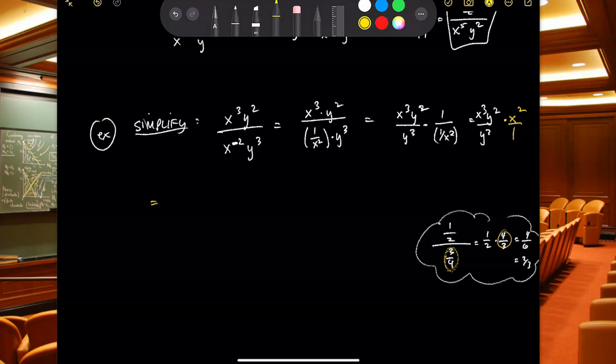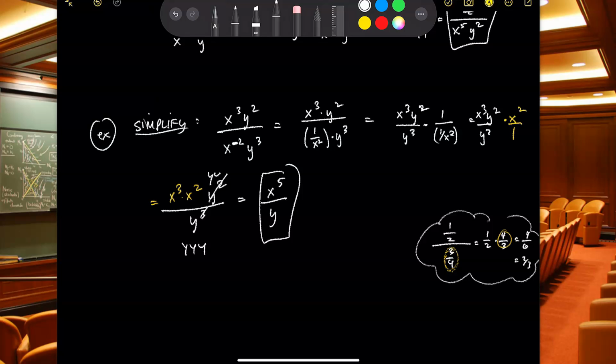We'll get, coming down here to the next line, x cubed x squared times y squared all over y to the third. And then we can simplify using the rules we know already. And so we should be left with x to the fifth over y, right? 2 cancel up here with 1 down here. Just to be abundantly clear, right? 2 of these canceled with 3 of these.